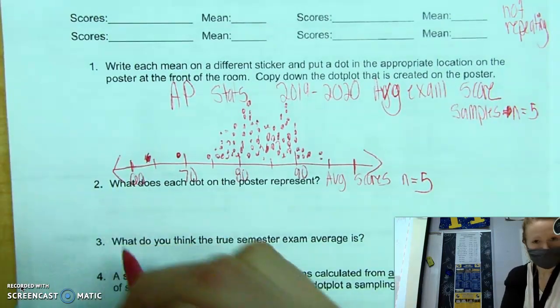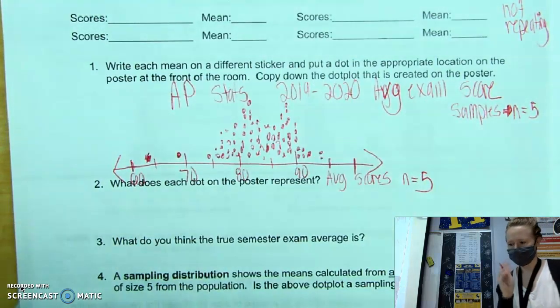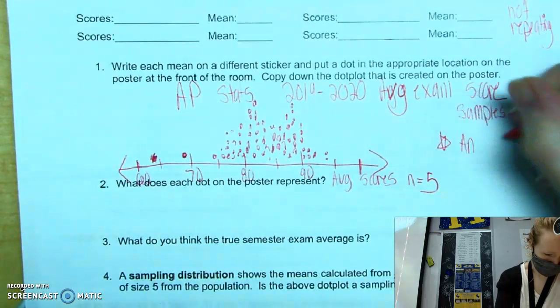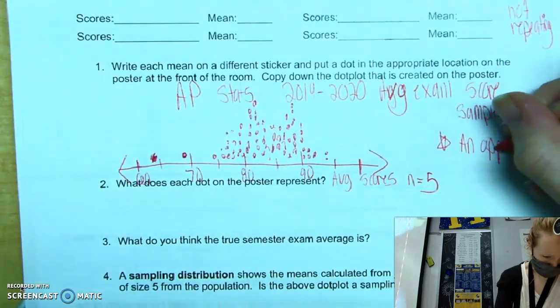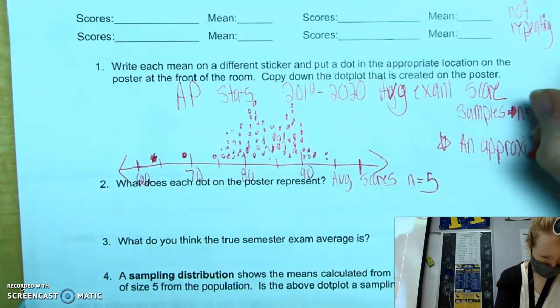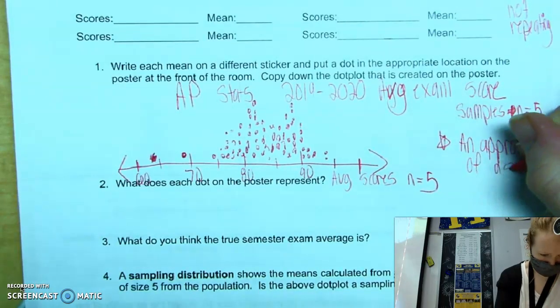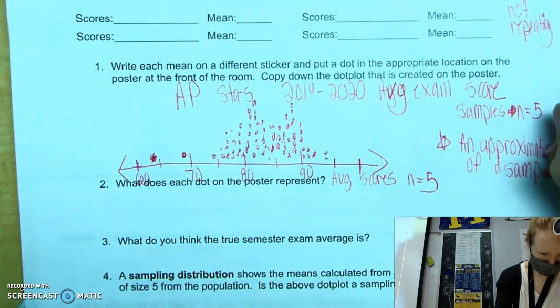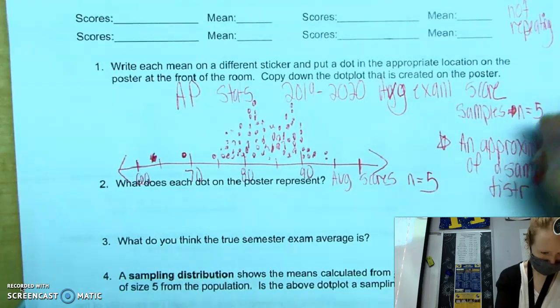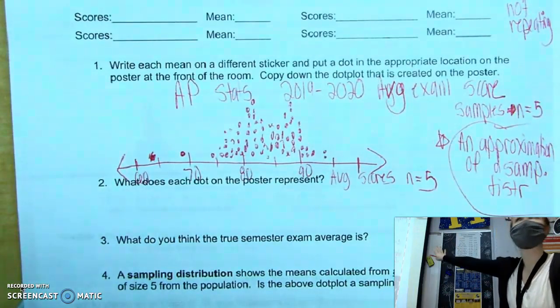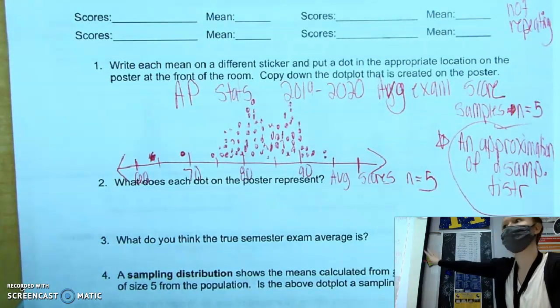So once you have this dot plot on your paper of all of these average scores of size 5, once again, this isn't a perfect sampling distribution. This is just an approximation of a sampling distribution. And remember, the reason for that is we probably don't have every dot of every possible sample of size 5 from this group of 22.